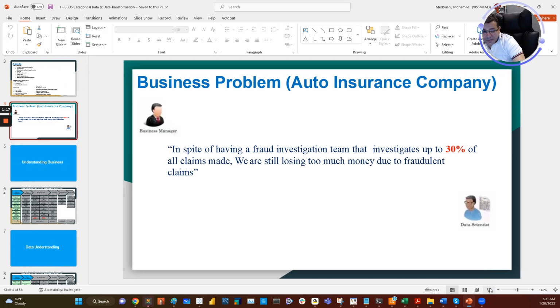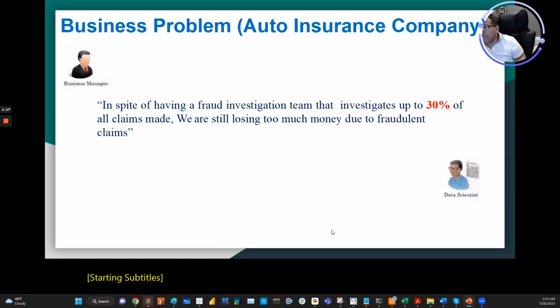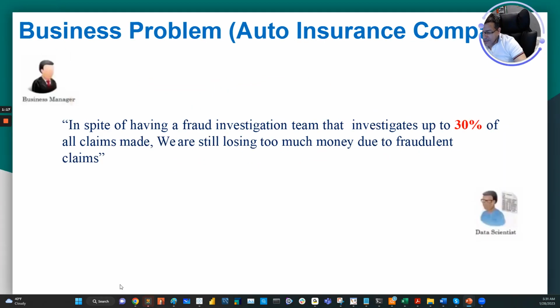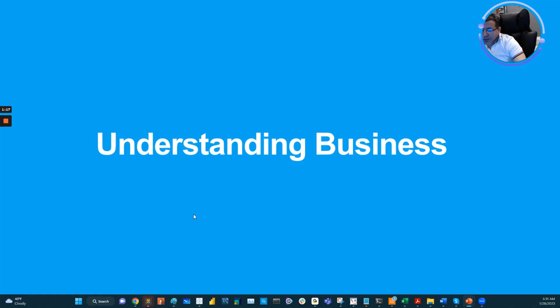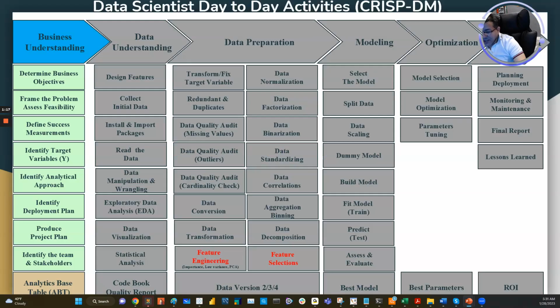The first phase is business understanding, working with the domain expert to gather the requirements. Then we moved into data understanding, applying exploratory data analysis, data visualization, statistical analysis. At the end of this phase, we should have a quality book.